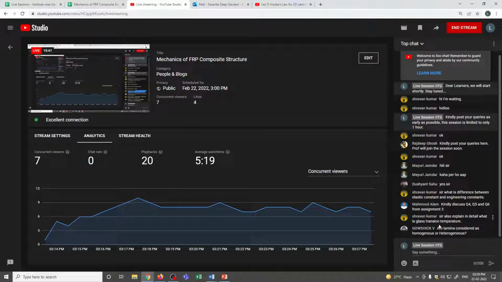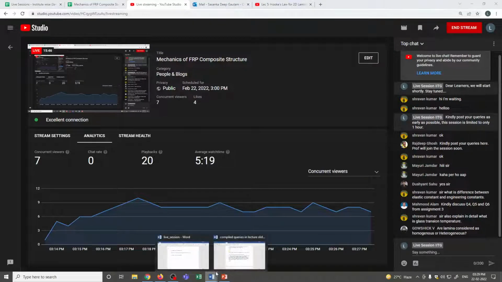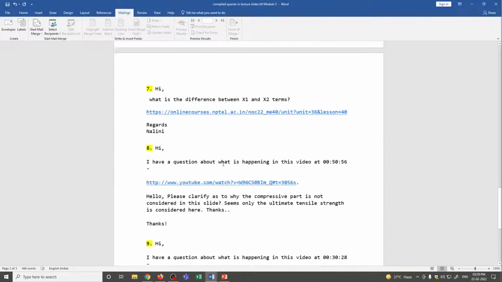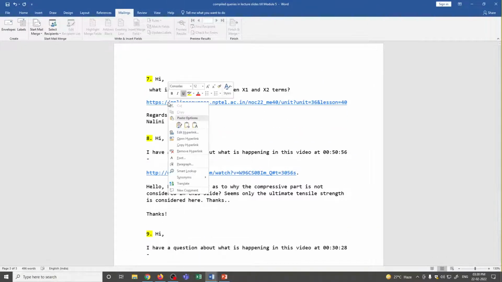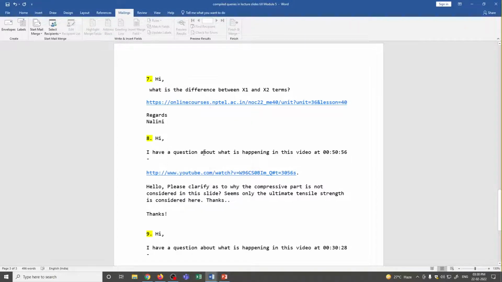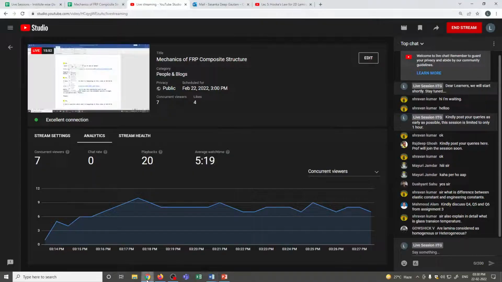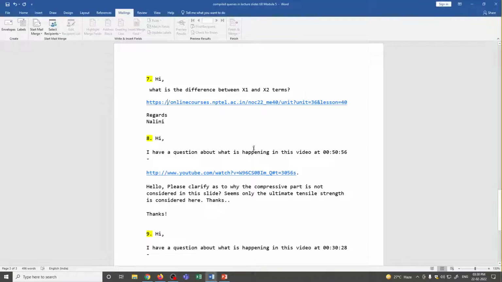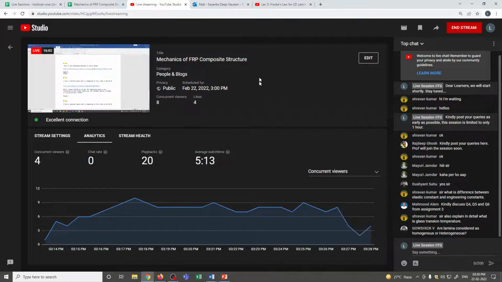Also explain the details of what the glass transition temperature is. I will come to that. Okay, the next question, number 7. There is a doubt. Number 7 is there, no? This one, yes.